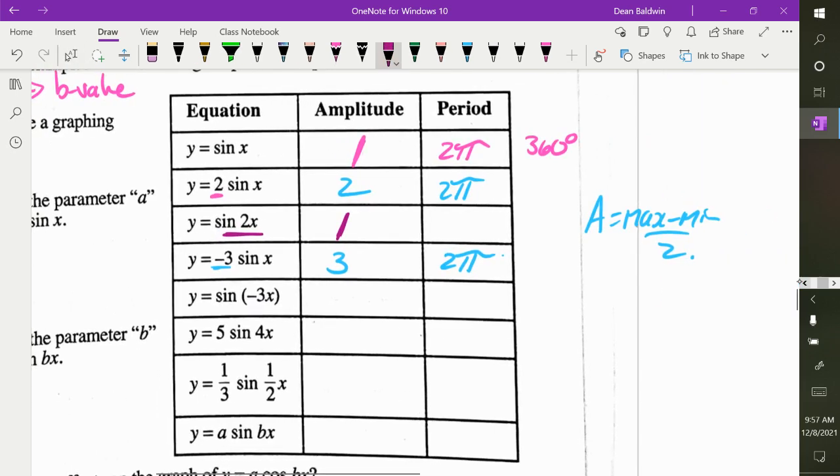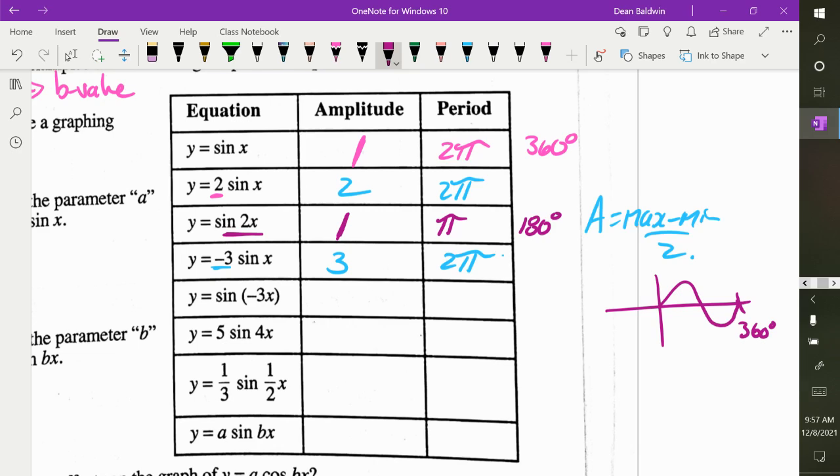So if you have a cosine graph, or sorry, a sine graph that looks like this, and that's 360, and I shrink it by half, where does this point move to? 180. So what's the period? Pi, or 180. There you go.